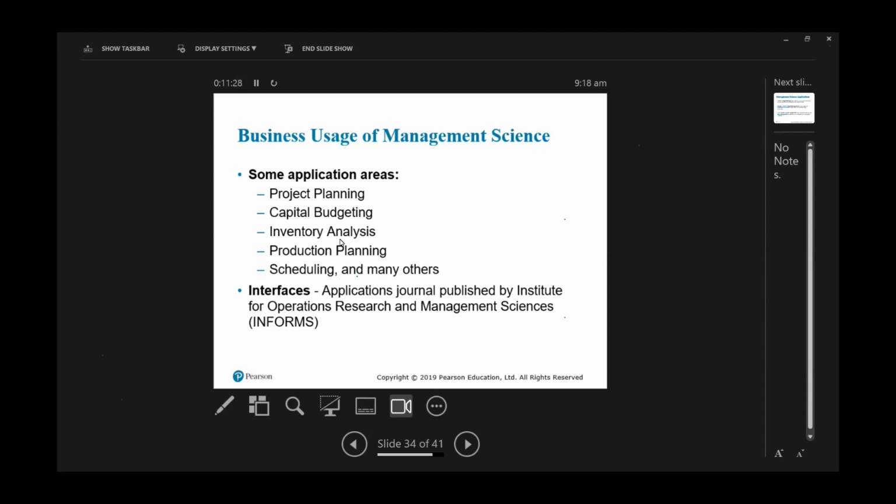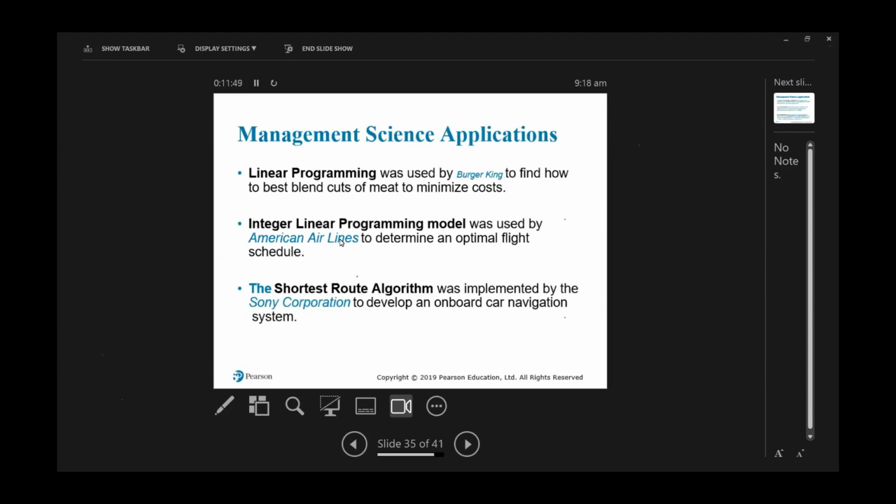Okay. And there are also journals that are publishing practical live applications of management science tools. And Informs is one of the institutes that is publishing practical applications of linear programming models.